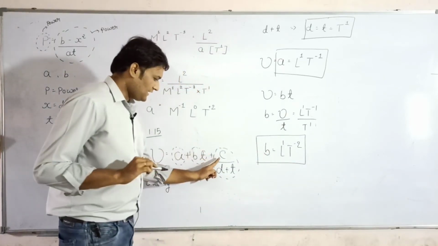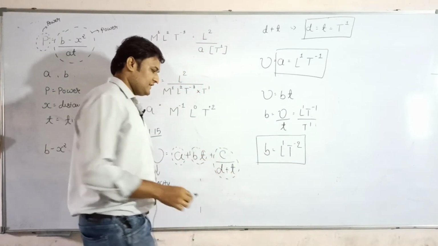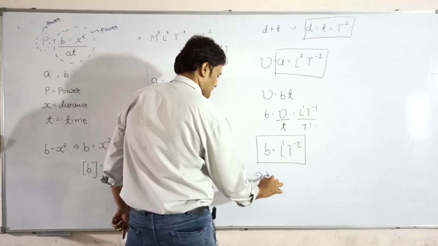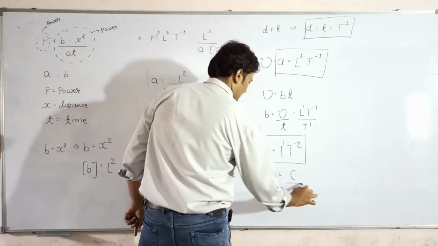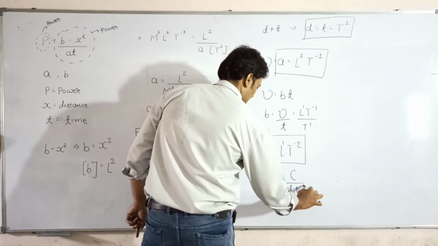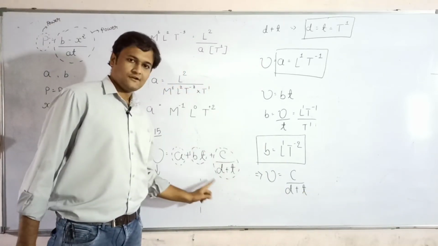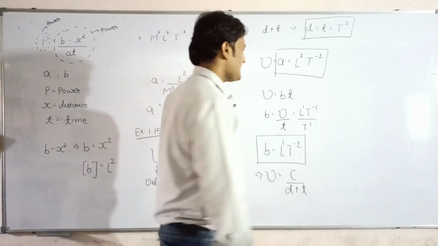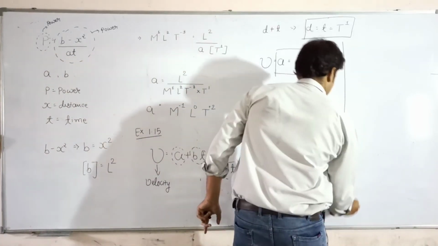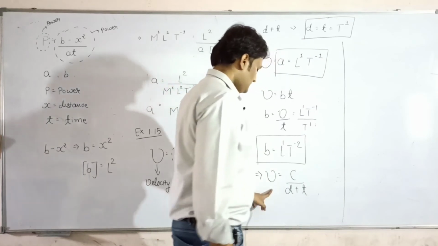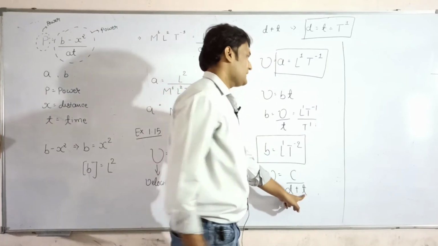Now the last is C, D plus t. The last term is also v, because this is velocity and this is also velocity. Now in this equation it is just simple D plus t.